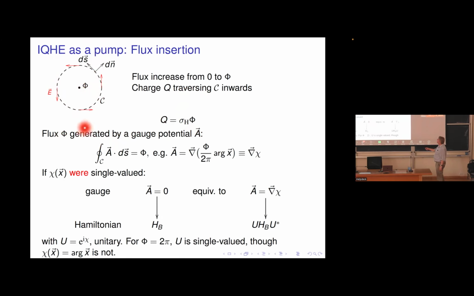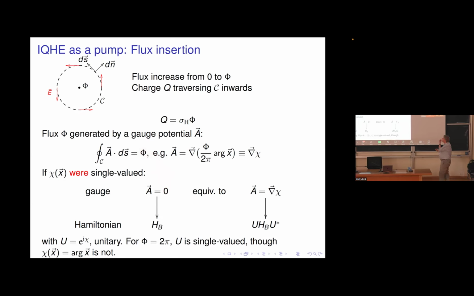Let's assume that this flux is generated by a gauge potential A. If you were to integrate this gauge potential around that circle, well, what is this? By Stokes, you could integrate something over the disc, that would be the curl of A, that is the magnetic field, and the magnetic field contributed by that flux is the flux phi.